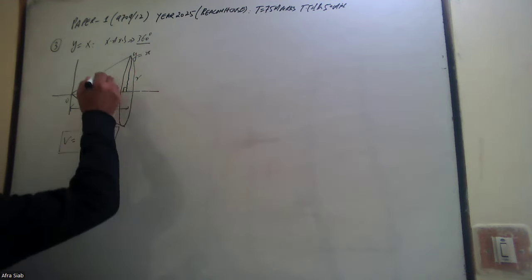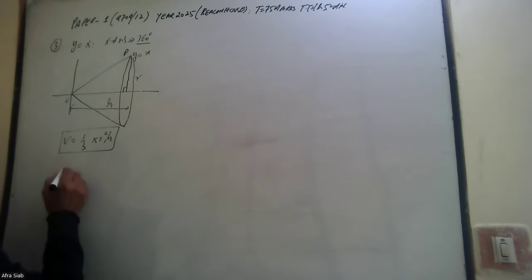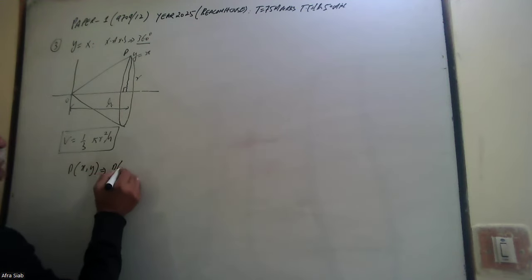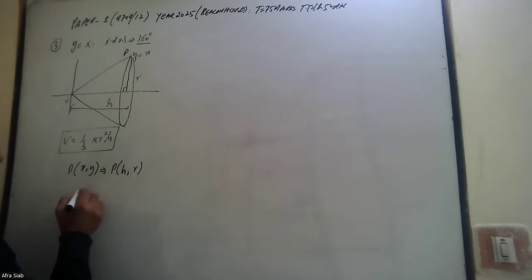So we know that it is passing through this point O, and this is the point P, which is y and x. So we can write the coordinates of P as x and y. The x coordinate is equal to h and the y coordinate is r. The point O is already known to us, that is 0, 0.